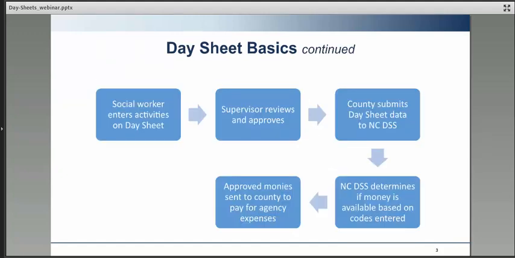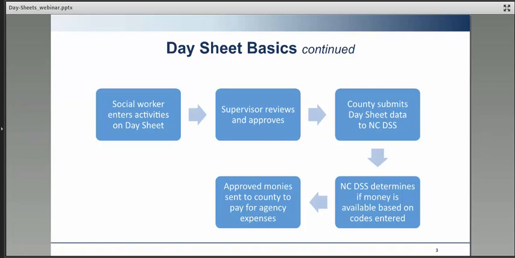Now, to look at it from a flowchart perspective, this is the way that the process is supposed to go. A social worker is going to enter activities on a daysheet. That can be either on a physical piece of paper, the 4263, which we'll look at in a moment, or it can be on an electronic daysheet system, via programs like Information Inc. that some counties use.